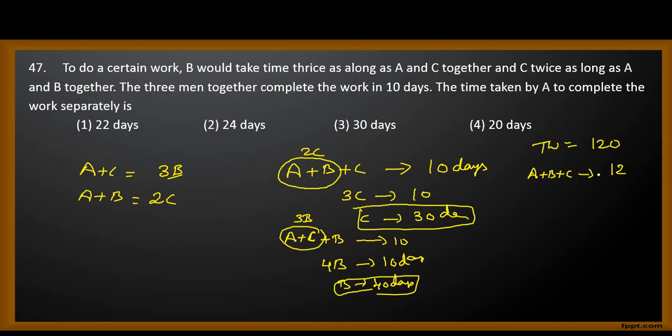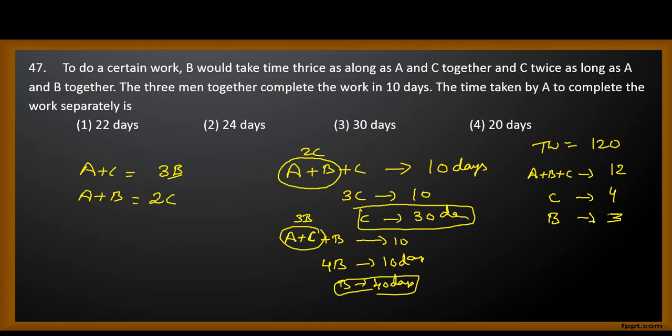Because they are taking 10 days to complete 120 units, per day they will do 12 units. Now the other one, how many units does C do per day? Because C is taking 30 days to complete 120 units, per day C will do 4 units. Similarly, how many units does B do per day? B is taking 40 days to do 120 units, so per day B will do 3 units.